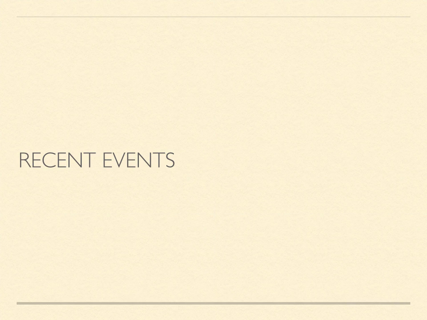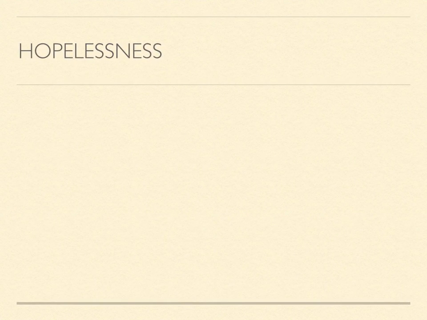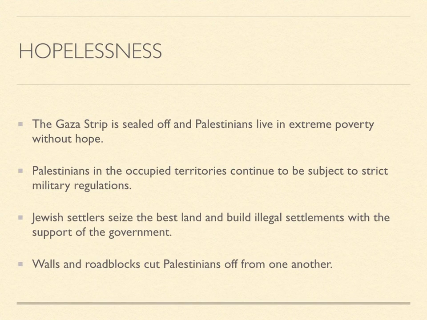Recent events. Hopelessness. The Gaza Strip, as I speak, is sealed off, and Palestinians live in extreme poverty without hope. Palestinians in the occupied territories, such as the West Bank, continue to be subject to strict military regulations.